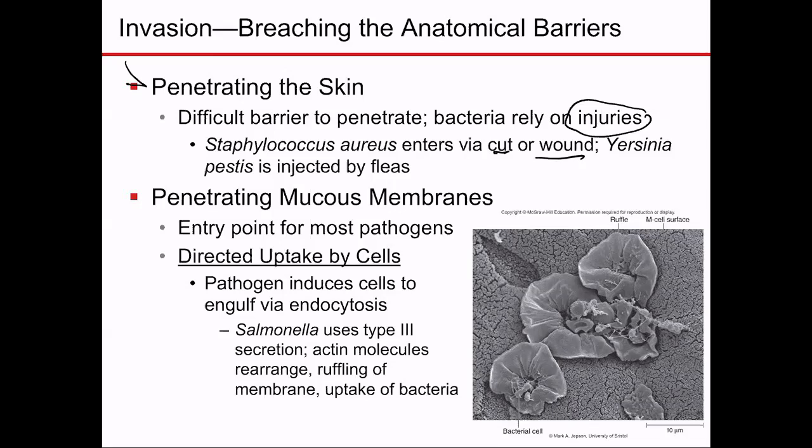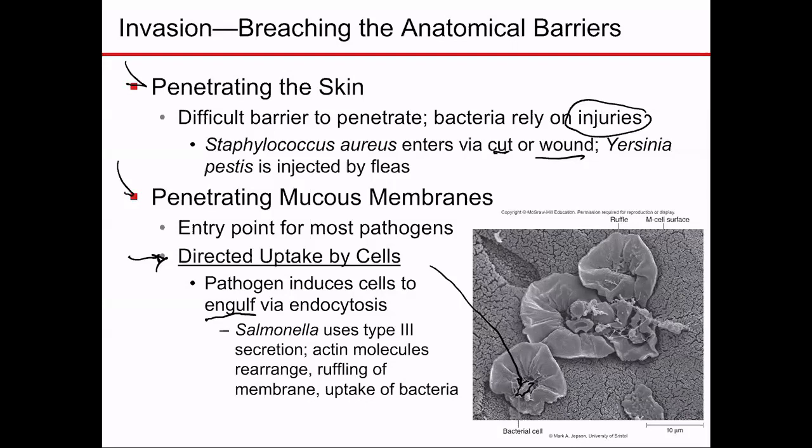Others, especially those that choose the process of entering through mucous membranes, may have a very particular mechanism to do that. They may promote the direct uptake by cells, and this is something you're seeing right here. Look at this cell. This is a bacteria, and that bacteria is inducing this process of engulfment. It is asking that epithelial cell to engulf it so that it can get into that cell.